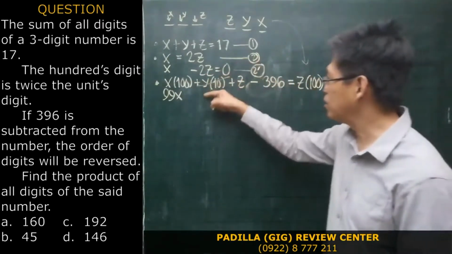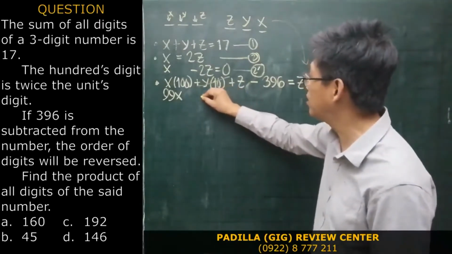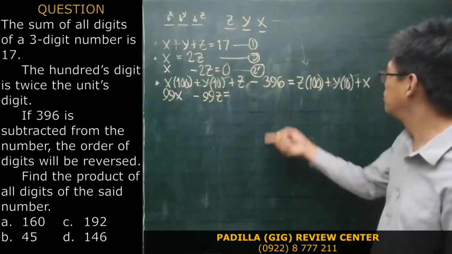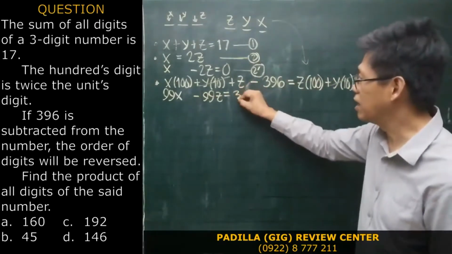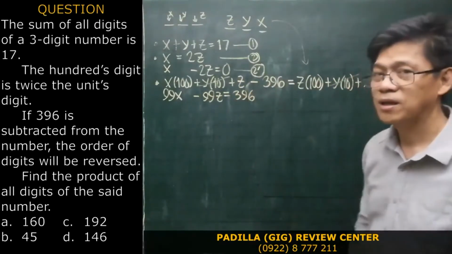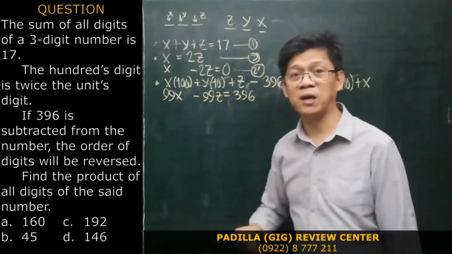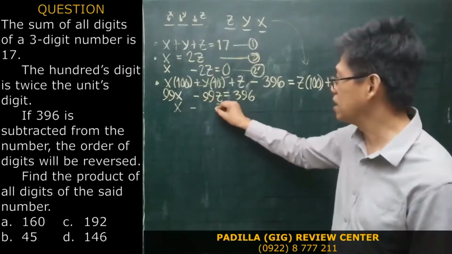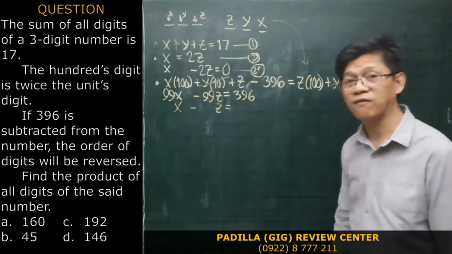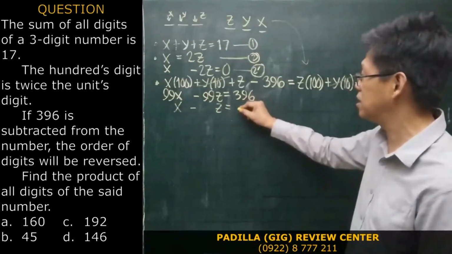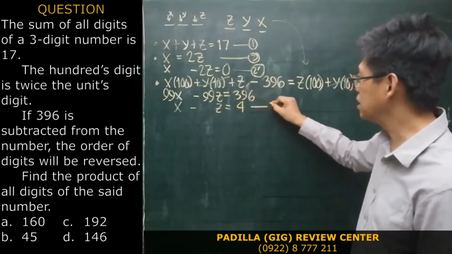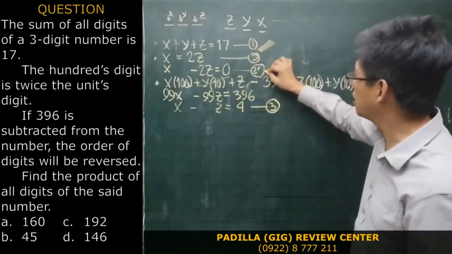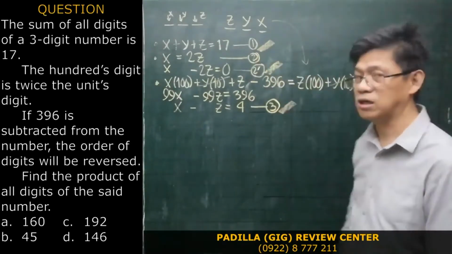Z minus 100Z is minus 99Z, equal to 396. We divide everything by 99. This would be X minus Z equals 396 divided by 99, which is 4. This is equation 3.